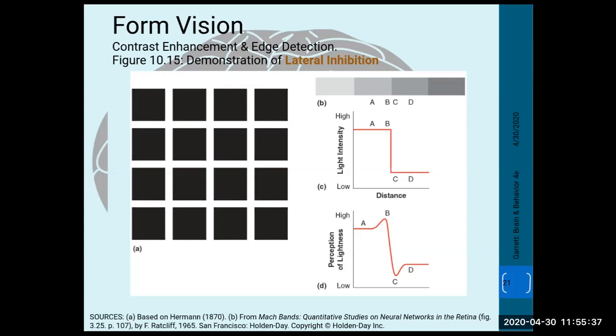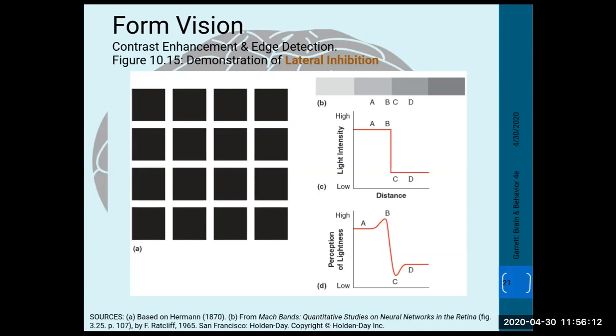Now, looking at what we call Mach band, so this is something that's called the Mach band illusion, on top of the graph, you see 4 shades of gray, basically, in B. The lightest shade on the left is sort of a light gray, and then a little bit darker as you get to A. B and C is the border between the second and third shade of gray. And then D, after D on the right, is the darkest shade, like a charcoal gray.